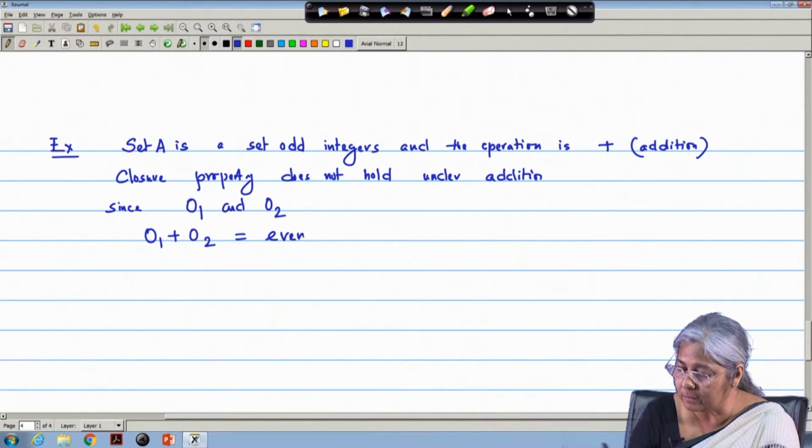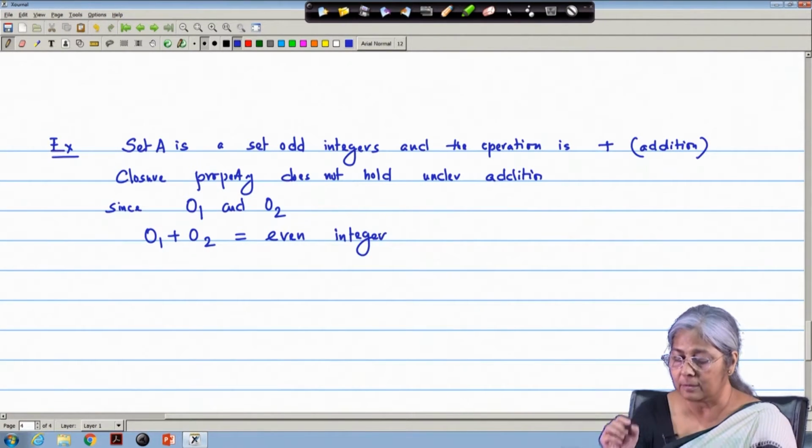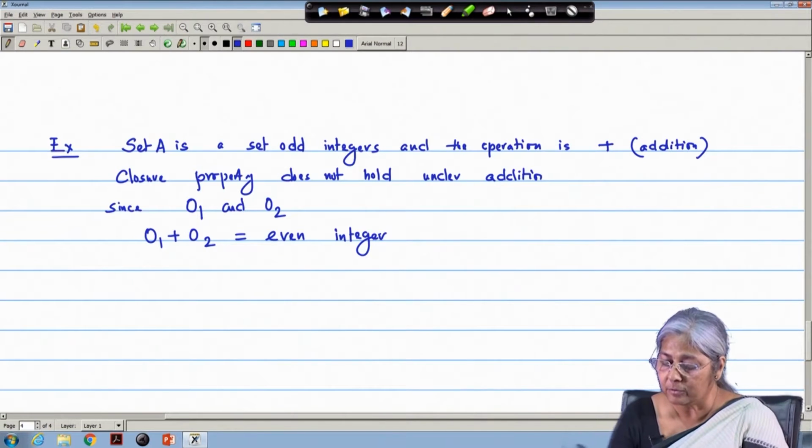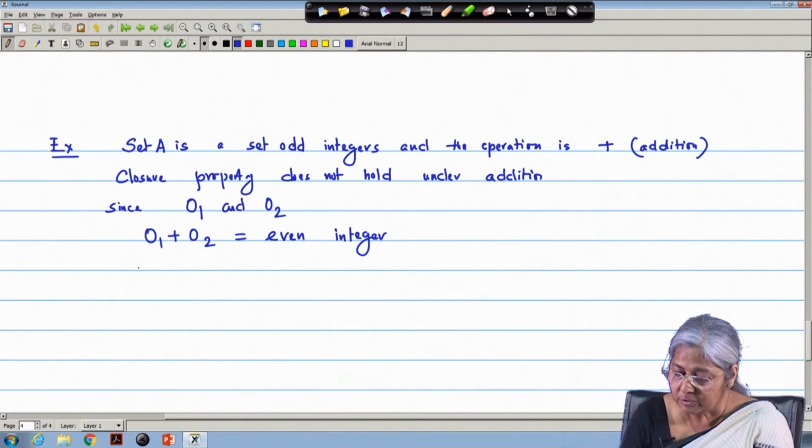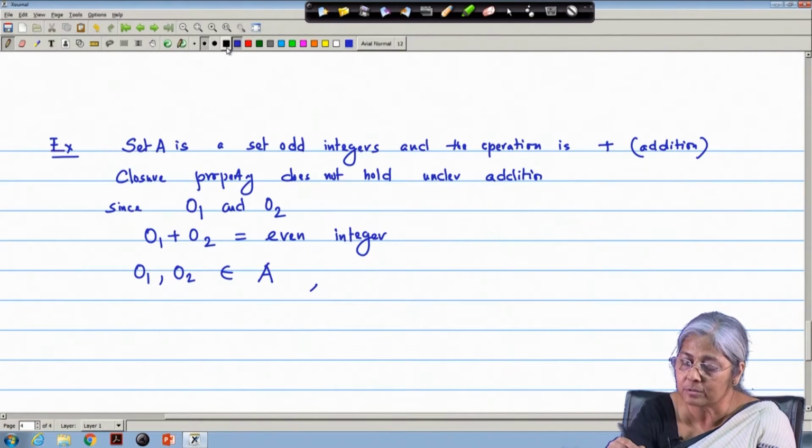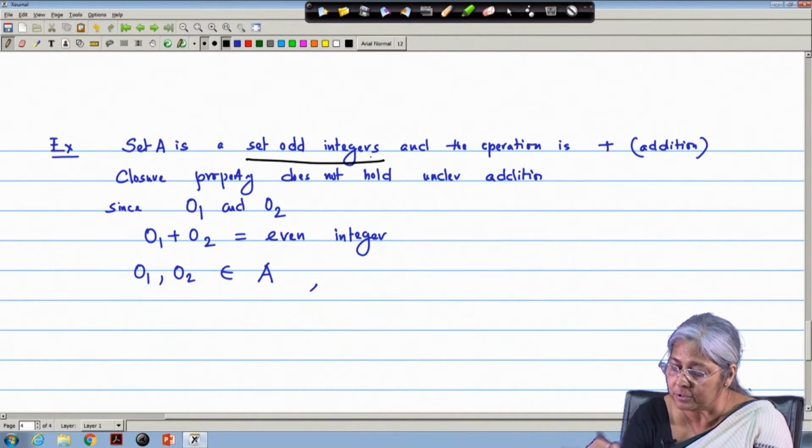So we have considered that O1, O2 belong to A, the set of odd integers.